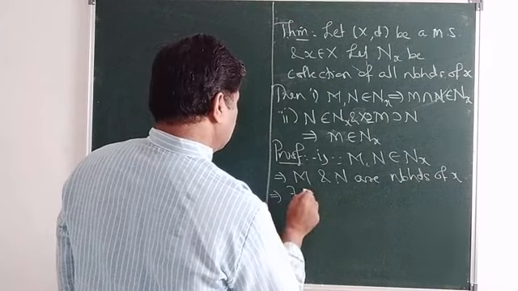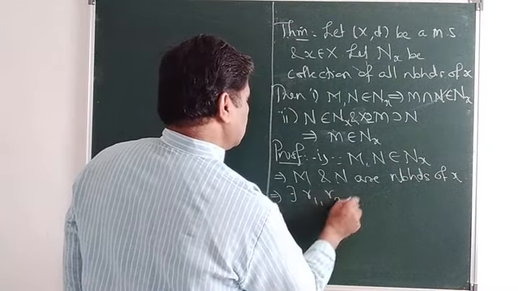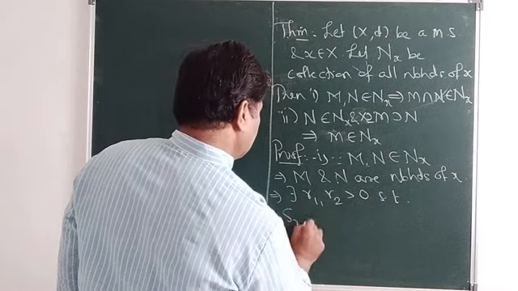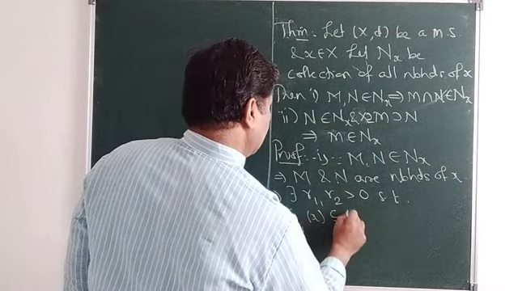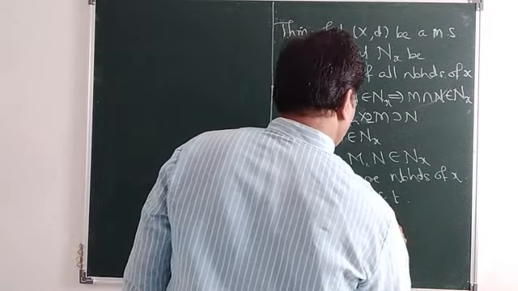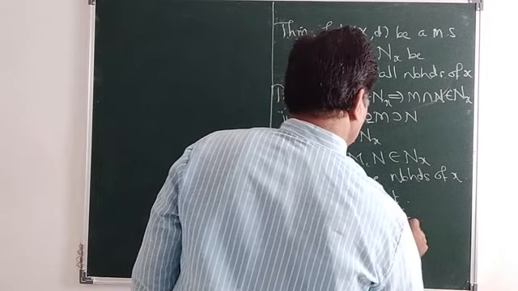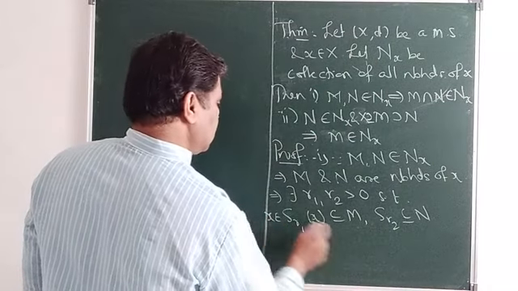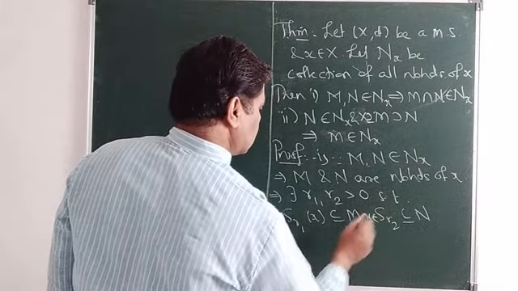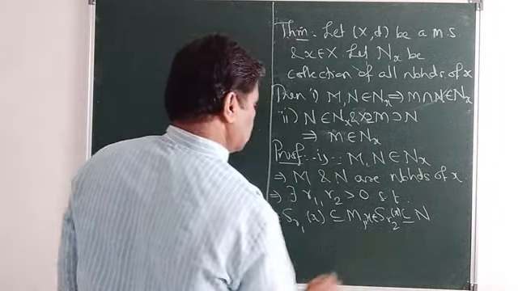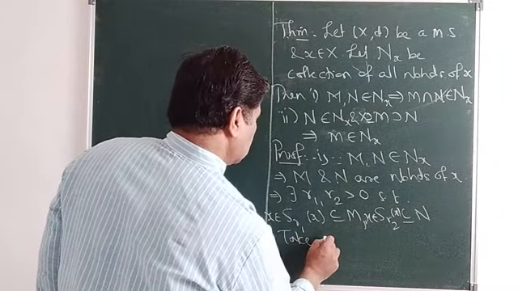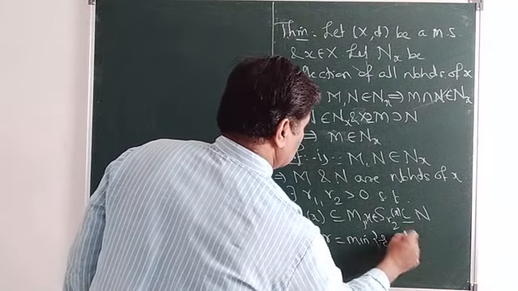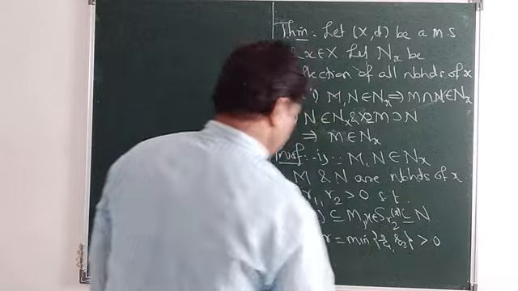This implies there exist R1, R2 greater than 0 such that S_R1(x) is contained in M and S_R2(x) is contained in N. Take R equal to the minimum of R1, R2, greater than 0.